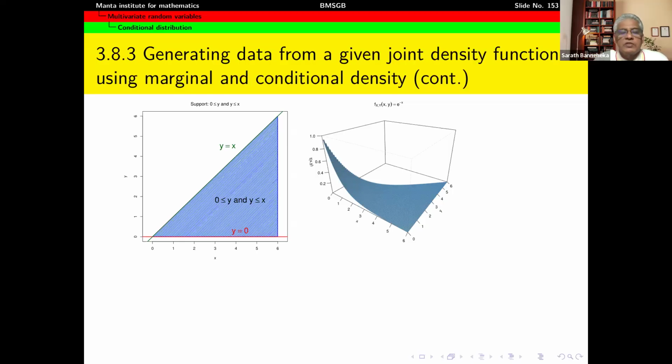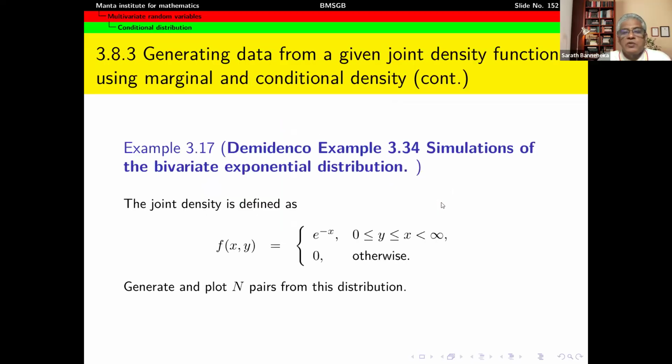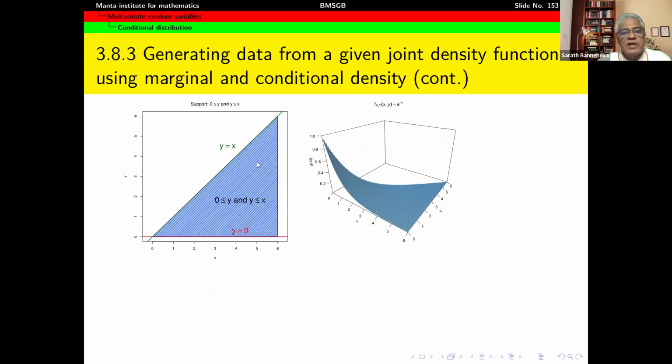Here I have drawn the support of this joint density function. Notice that y is greater than or equal to 0, y is less than or equal to x, and x is less than infinity, therefore y is also less than infinity. Of course, we are looking at an exponential distribution here with rate 1. Right. So here, actually, this is not exactly the support.